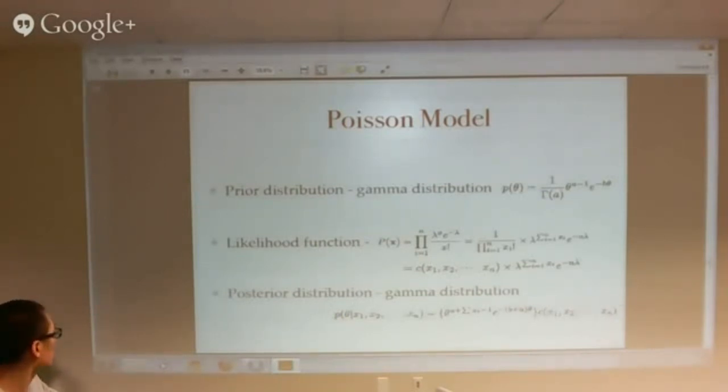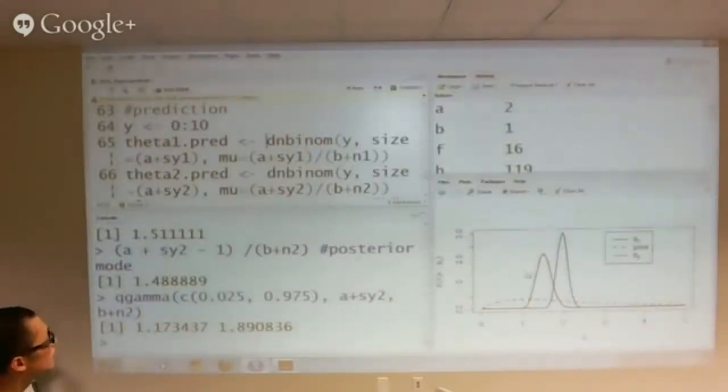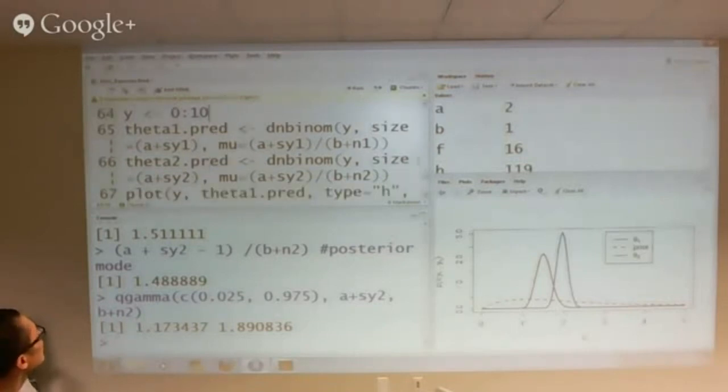Oops, it doesn't work. Okay. So for the negative binomial distribution, this is y and this is size. We plug in all the numbers right here. For y, we just set 0 to 10.